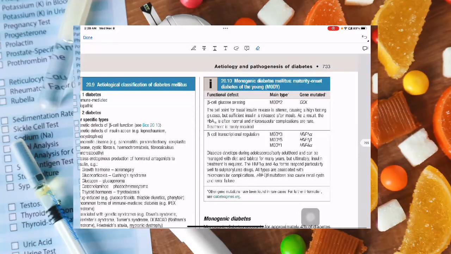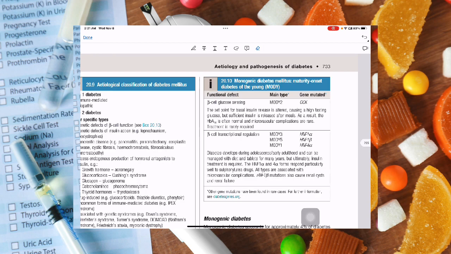There is another diabetes like maturity onset of the diabetes mellitus of the young. In young patients, sometimes we get diabetes, high blood sugar, but they don't need insulin at the time of the diagnosis, like type 1, because of their maturity, young monogenic diabetes. This diabetes runs in a family.